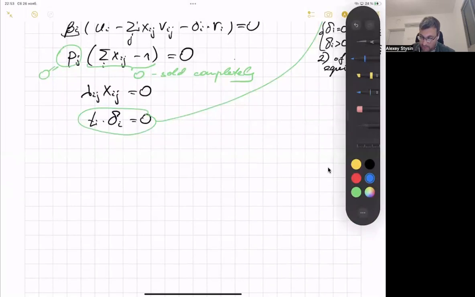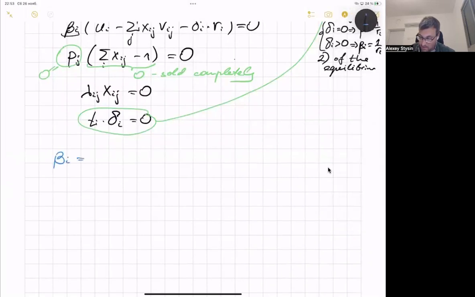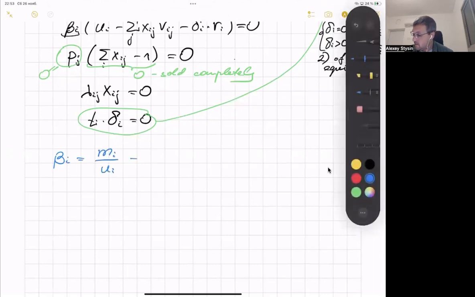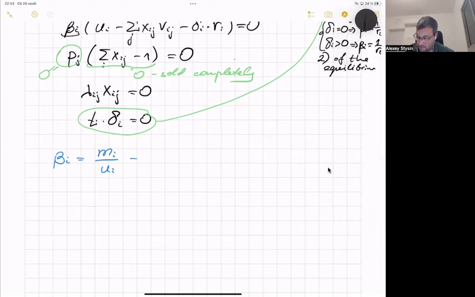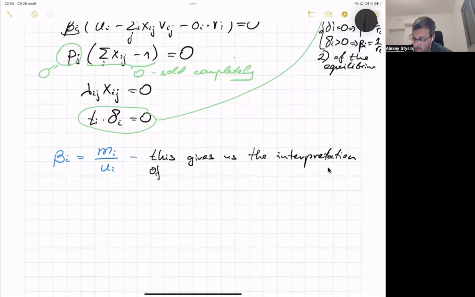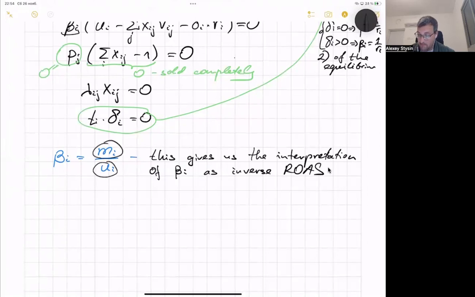Now we have beta i equals mi over ui, and this gives us the interpretation of beta i as inverse rho, because we are basically saying that this is the utility that we get, and this is the budget that we spend.